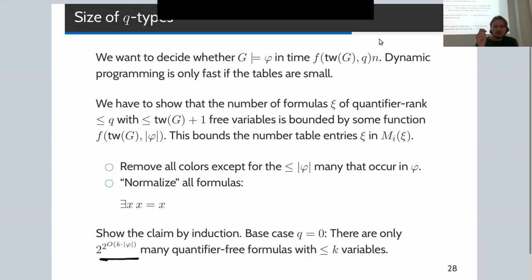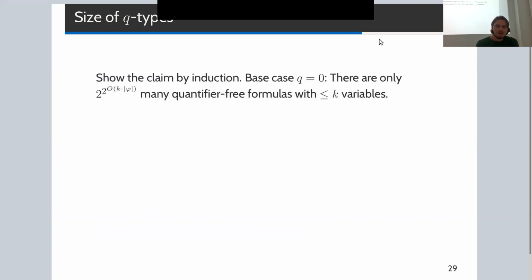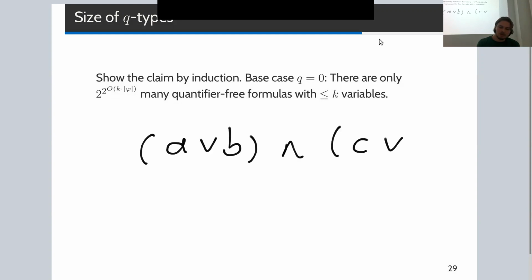So we can assume that the formula is in some kind of CNF normal form. So we have a bunch of clauses containing atoms like A or B, and maybe some other clause, C or D, something like that.